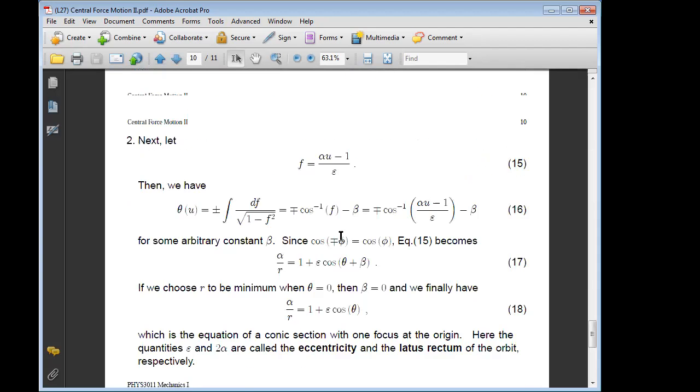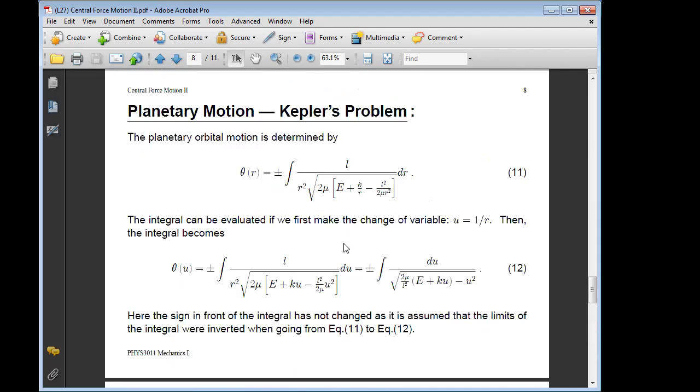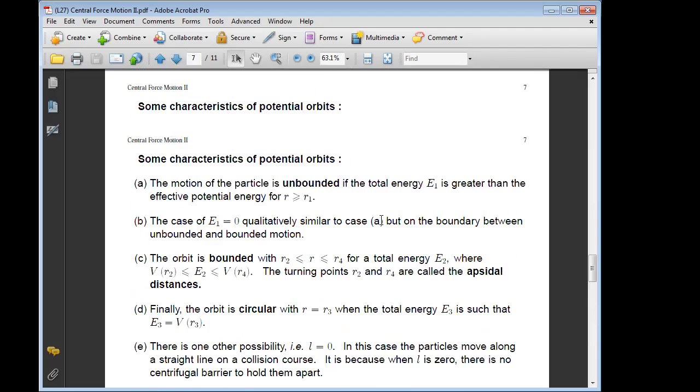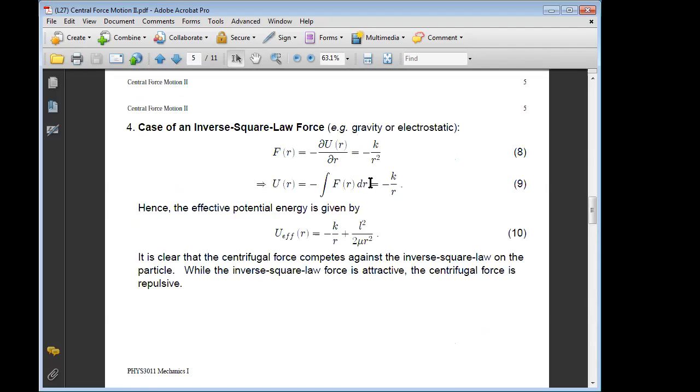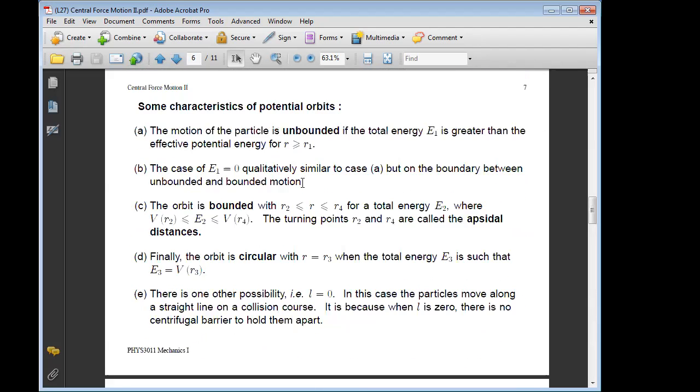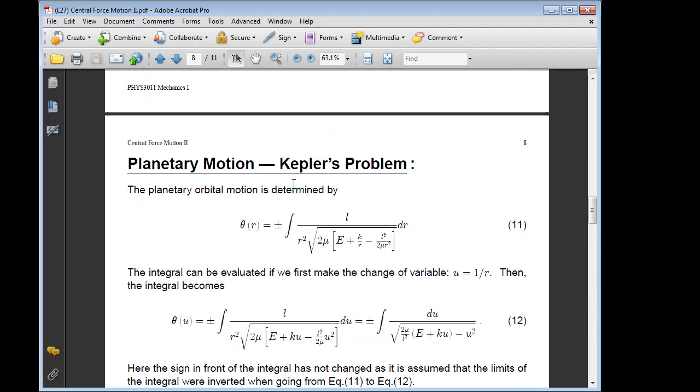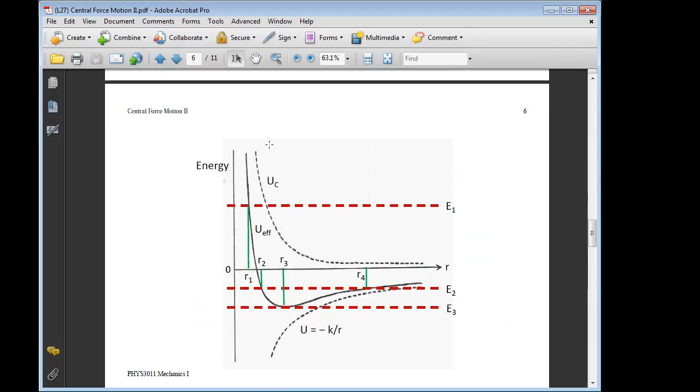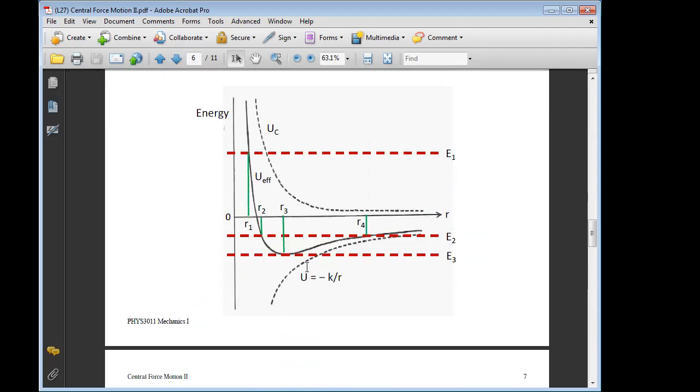It means the potential energy is proportional to r squared. What will happen? Without going through the calculations, what do you think? If this U is replaced by a function proportional to r squared, what kind of orbit do you expect to have?